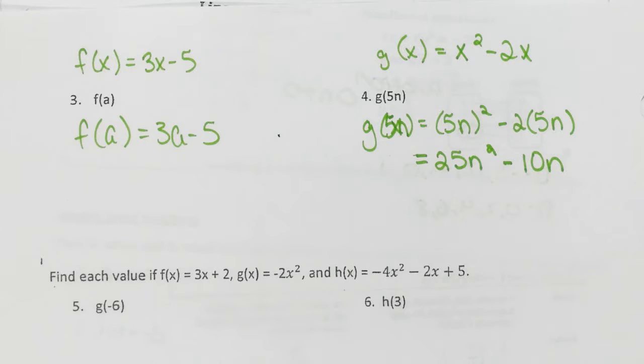All right, we're going to plug in negative 6. That's a good number? We have to write this down.